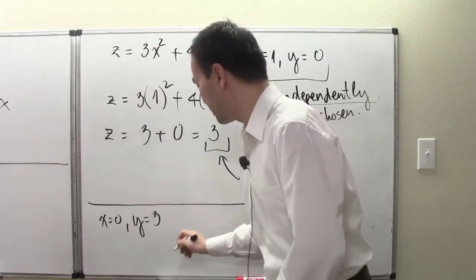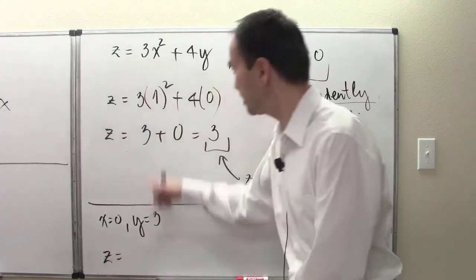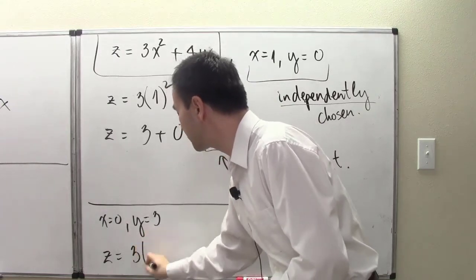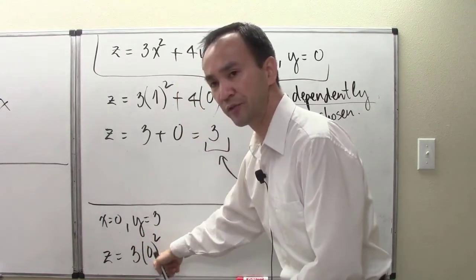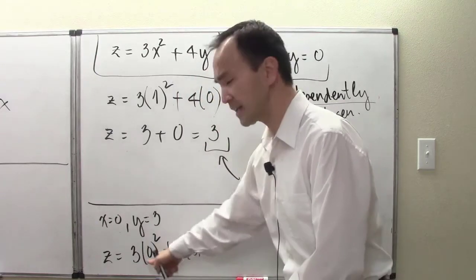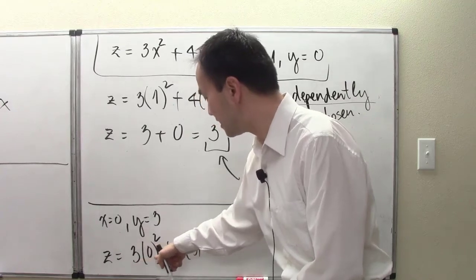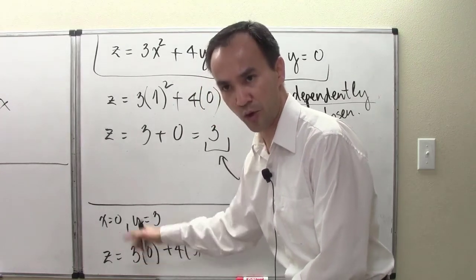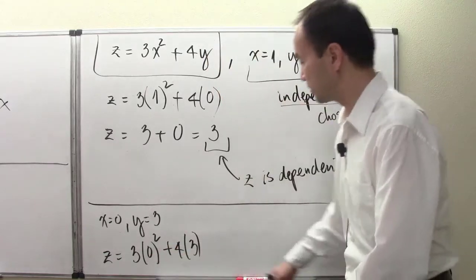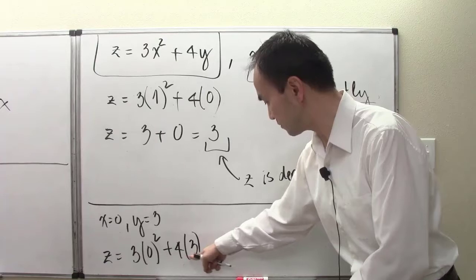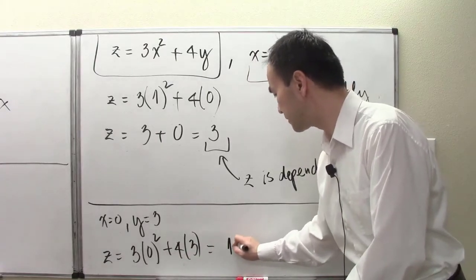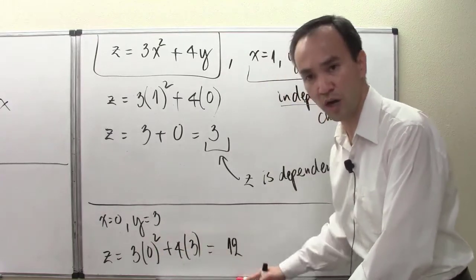But now z, the same rule that's being highlighted here: z can be 3 times 0 squared, so 0 substituted for x, plus 4 times 3 substituted for y. The exact same rule. The rule says we multiply the square of the input x with 3, plus 4 times the y value, being 3 right now. And so now z comes out being 12, because that's 0 plus 12.